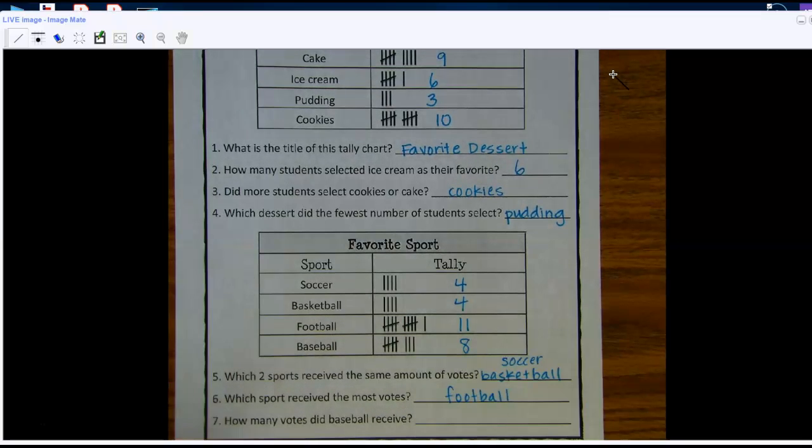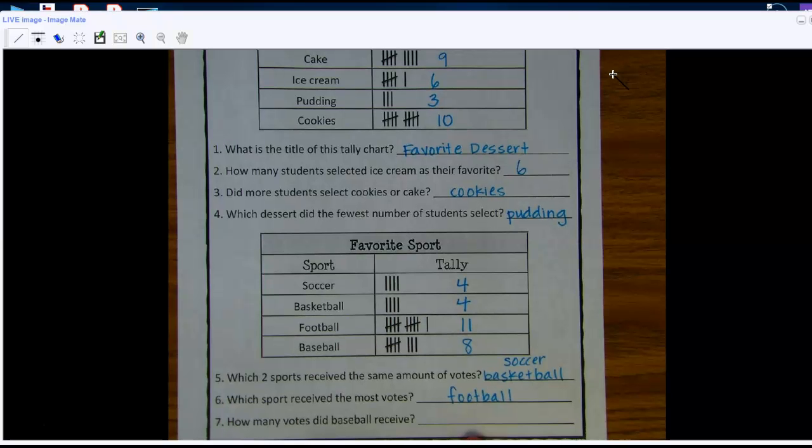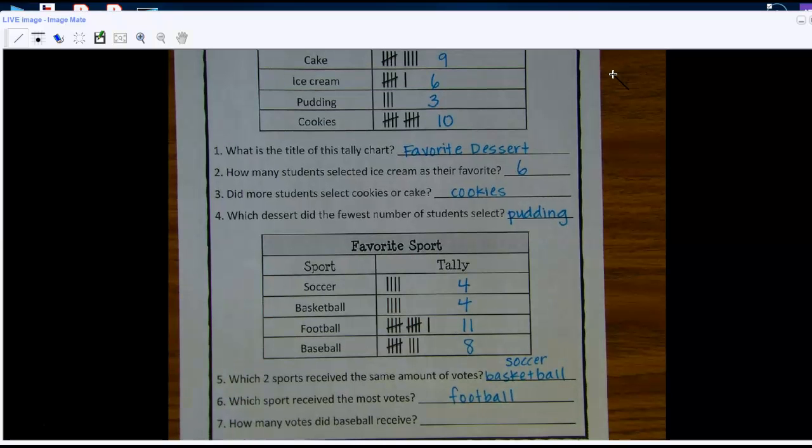Okay, how many votes did baseball get? Write the number here. No, it says how many votes. Well, yeah, you can write the word of the number, yeah. Chase? 8. 8 votes.